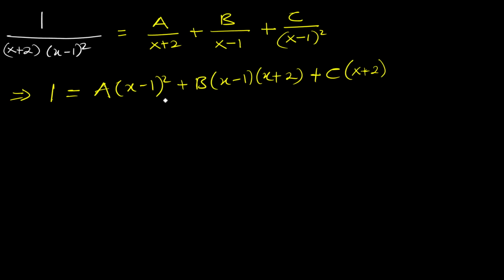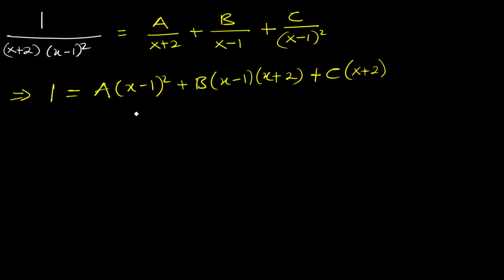Now you want to find A, B, and C. Which one should we find first? We know x plus 2 and x plus 2. When we set x equal to negative 2, it will pave way for A, because x equals minus 2 will remove C and then remove B as well.